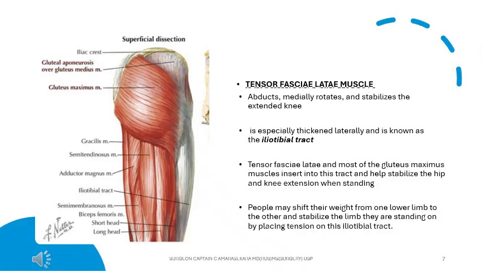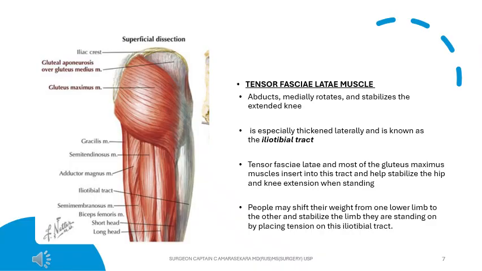Let's continue our exploration of the tensor fascia lata, or TFL. This slide offers a detailed lateral view of the thigh, showing how the TFL integrates with the surrounding muscles and the iliotibial tract, a key stabilizing structure for the hip and knee.